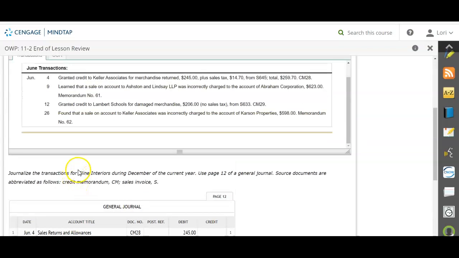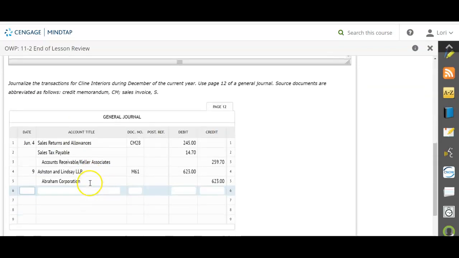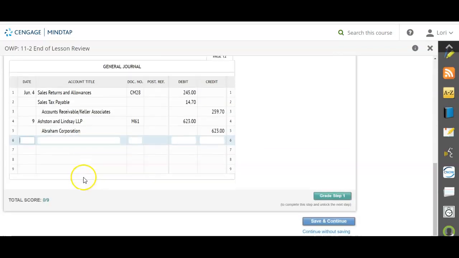The third entry, we are going to grant credit to Lambert Schools for damaged merchandise. Remember, schools, they're public, they do not pay sales tax. So the date is the 12th. We are going to do sales returns and allowances.